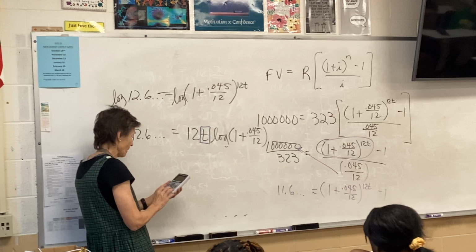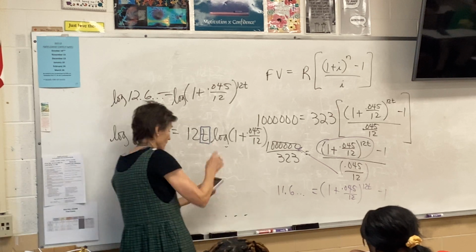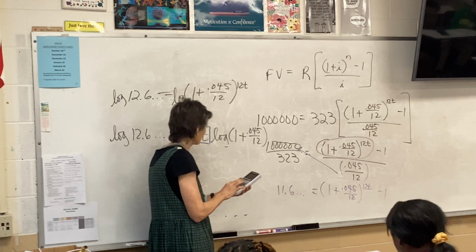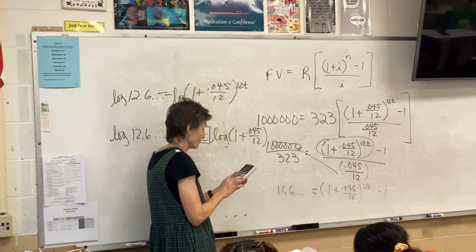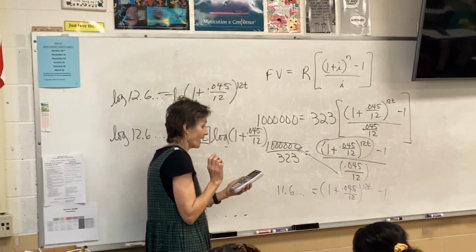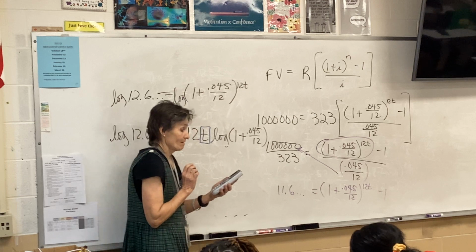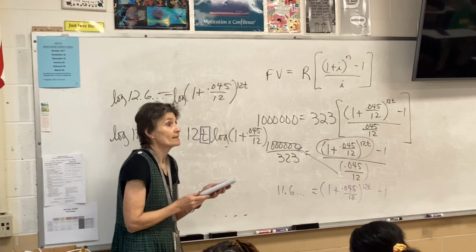I'm going to divide it by 12, that got rid of this, and then I'm going to divide it by log 1 plus 0.045 divided by 12. I got 56.43. That's the right answer.